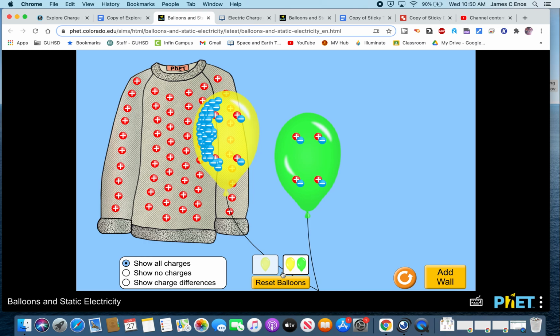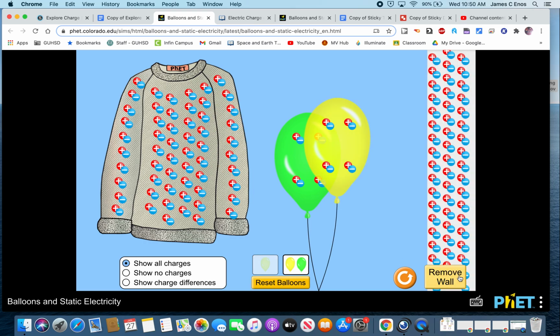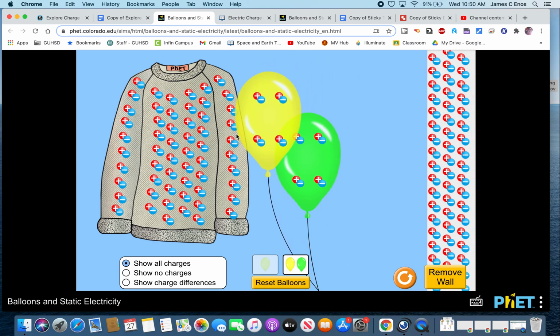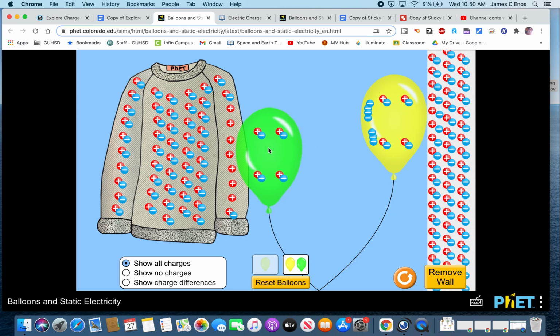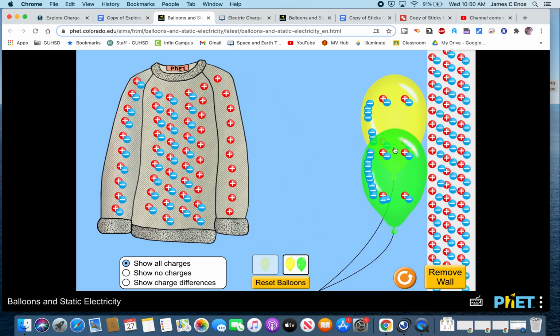You can see the same thing happen when you have two balloons. I can take one of these balloons, have it gain some negative charge, and stick it up on the wall. I can take this other balloon, have it gain some negative charge, and stick it up on the wall.